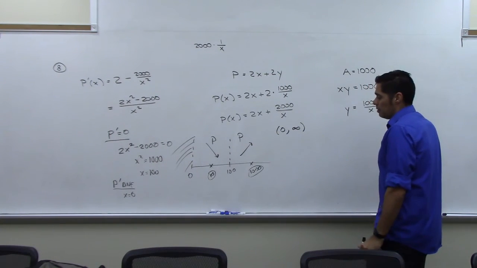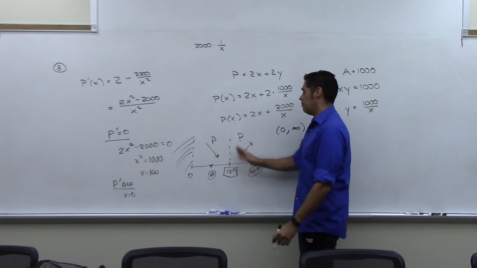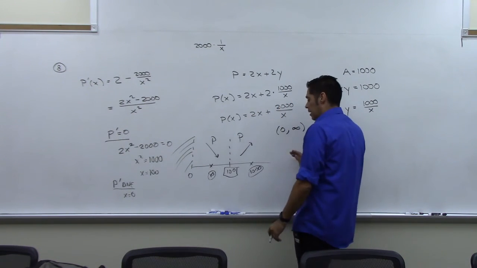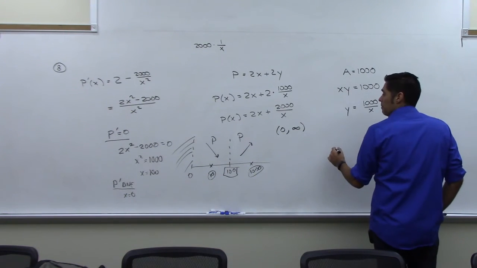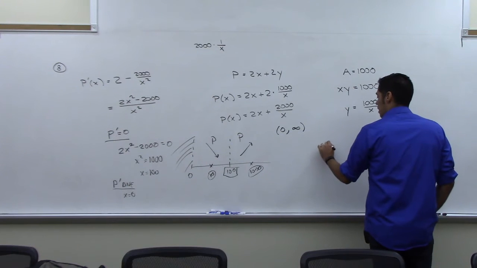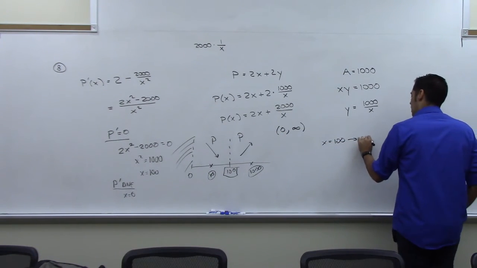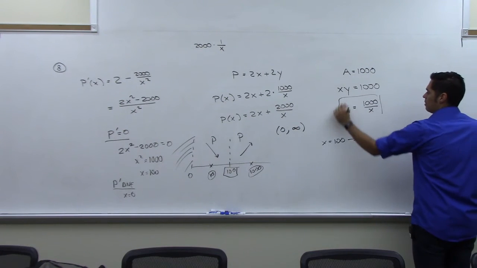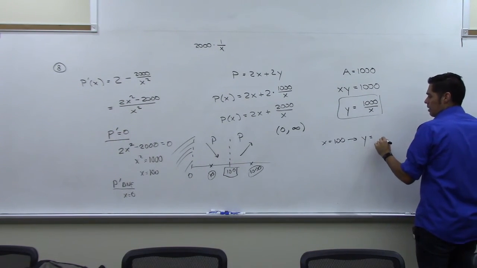So it does look like we have a local minimum, and in fact this is our only minimum because it goes down and up, never comes back down again. So that means that p has a minimum at 100. If x is 100, that means that y, if I plug into my constraint for y, must also be 100.